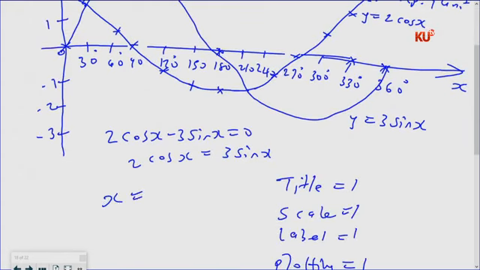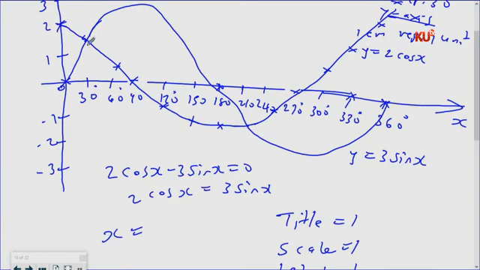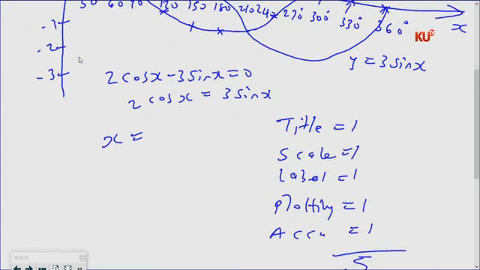Now you have to drop downwards and get the values of x. So for me, my x approximately will give me 30 degrees. But for your case, it could be 28 or 29 or 31 or 32, depending on your accuracy. So mine, I'll guess it's 30 degrees.